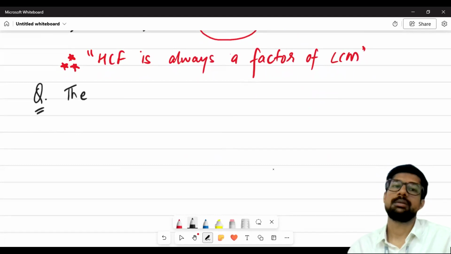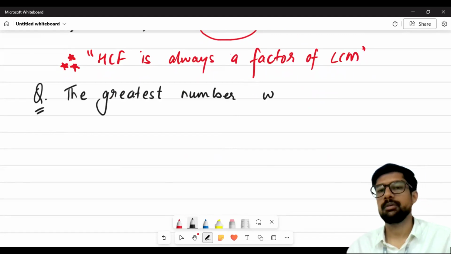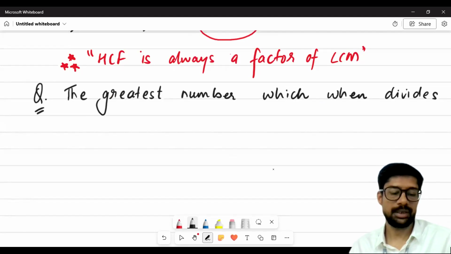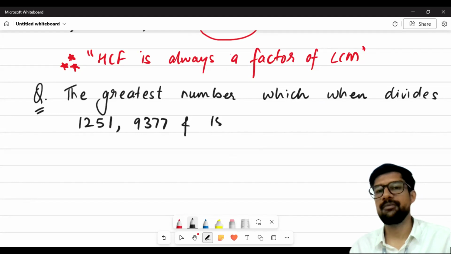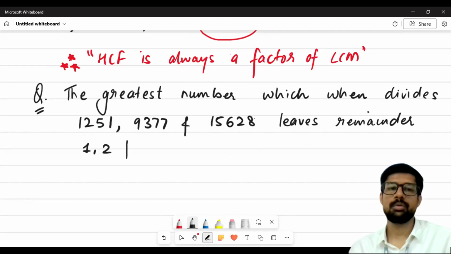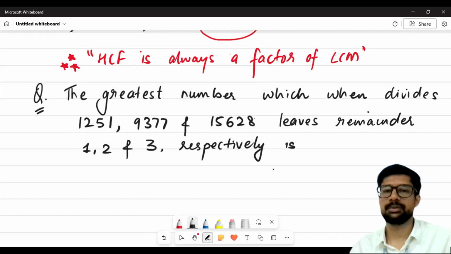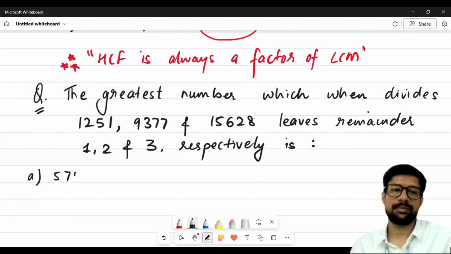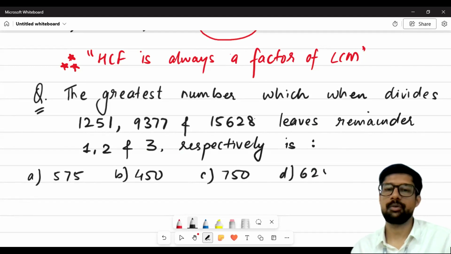Let's take it. The greatest number which when divides 1251, 9377 and 15628 leaves remainder 1, 2 and 3 respectively is: 575, 450, 750 or 625.